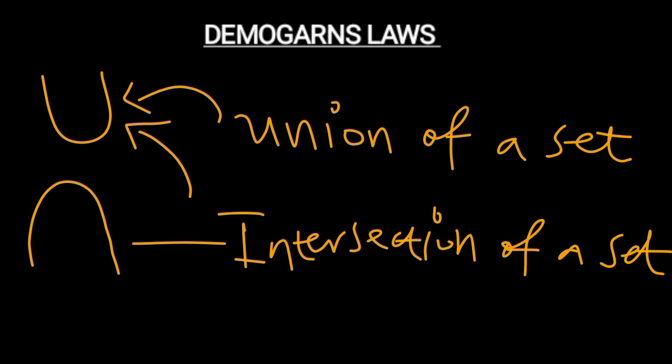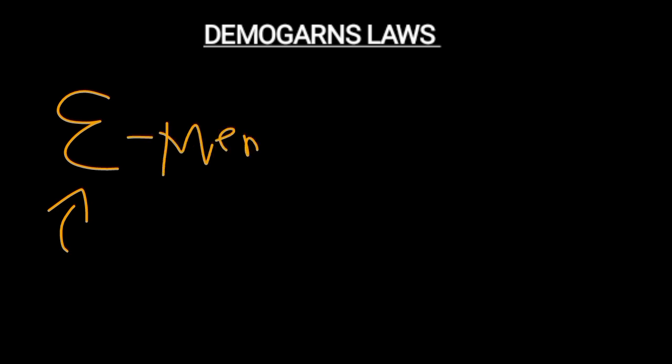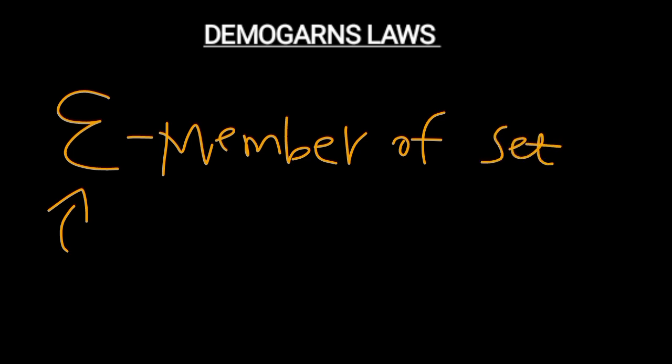We also have other symbols. This symbol in mathematics under sets, we refer to as a member of a set, just noting that the elements are part of that set. And if we write the same symbol and put a cross through it, it denotes that the elements are not part of that set.